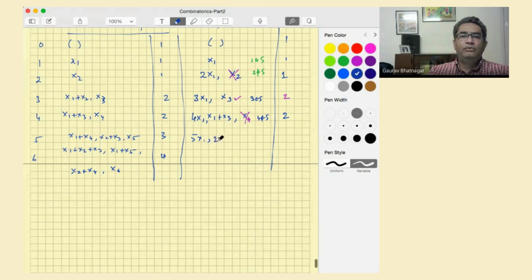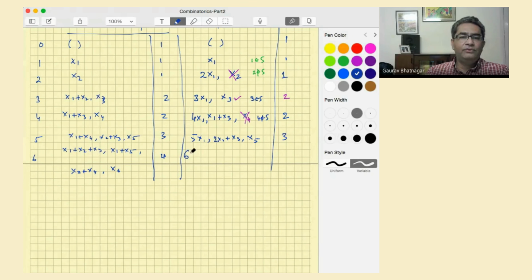Then I need 2x1 plus x3, right? Well, now I have 2 and I need one more, right? I can't have x2 plus x3 because x2 is not there, right? So yeah, x5 is contained in this list. And that makes a match.